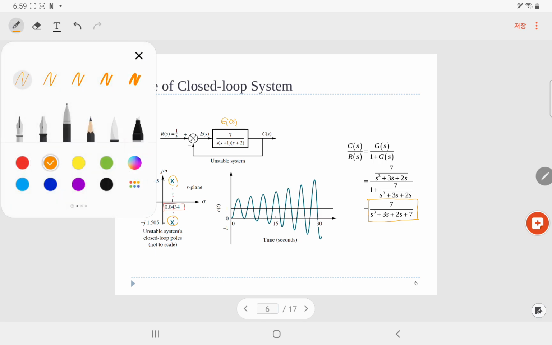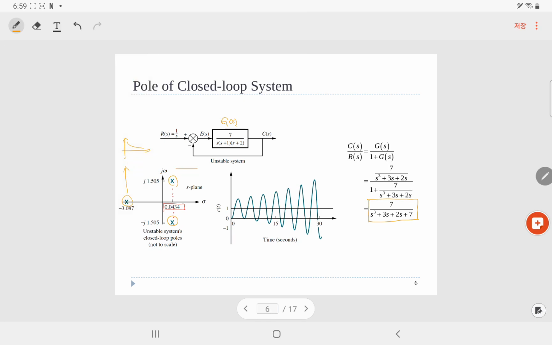So these poles will produce the natural response like this. The natural response approaches infinity. So the total response, C of t, equals C forced response plus natural response.